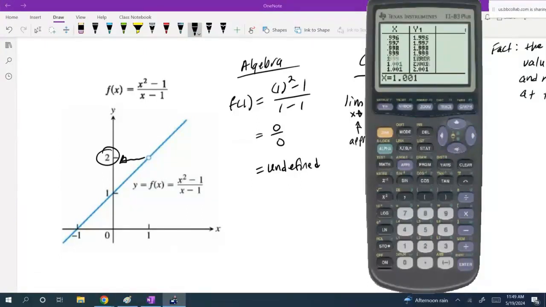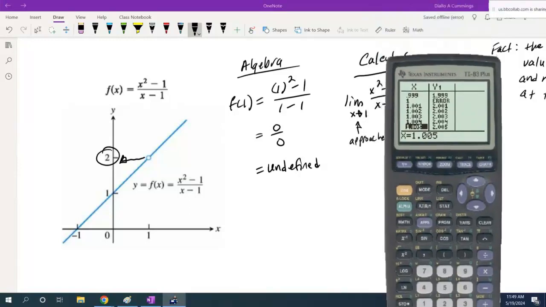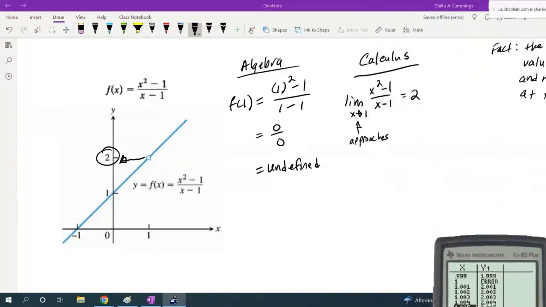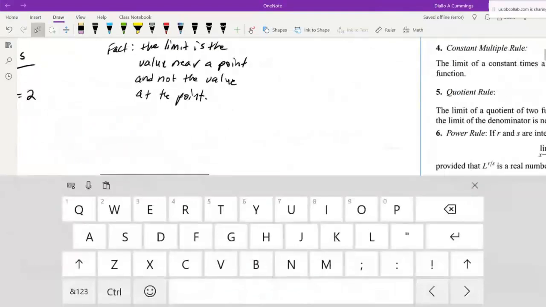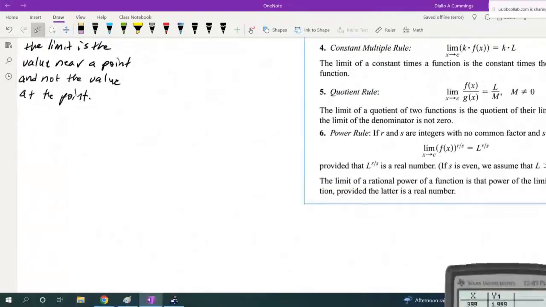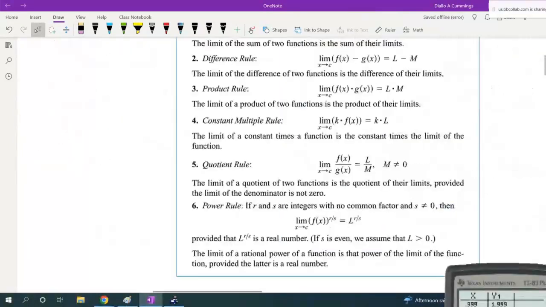And as we approach 1 from the right, here again, notice at 1 it's an error, but the y value approaches 2. So the limit is the value near the point and not the value at the point. So with that being said, we're going to take a look at the limit laws.